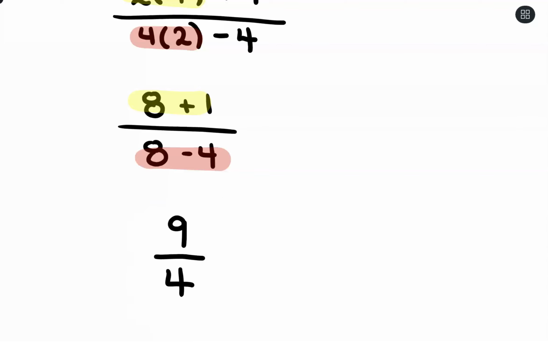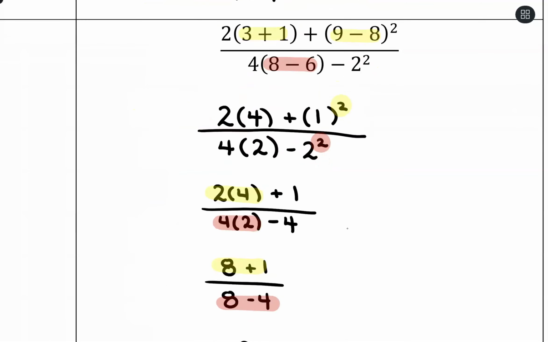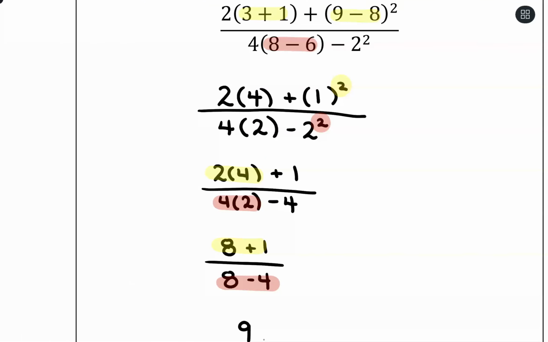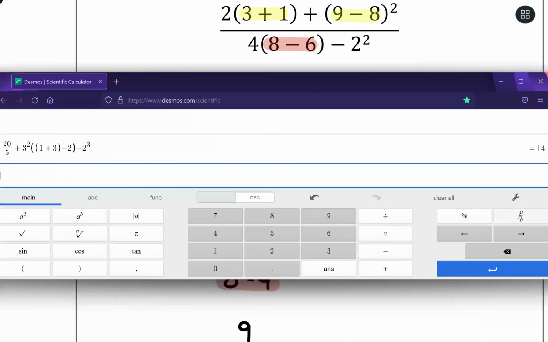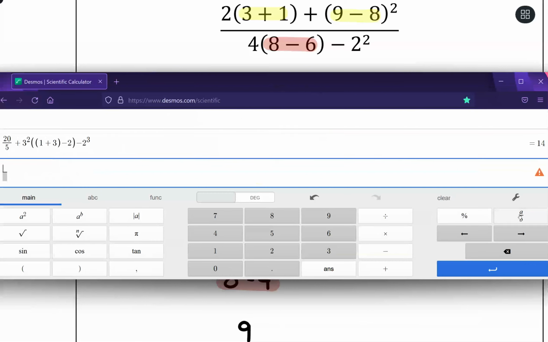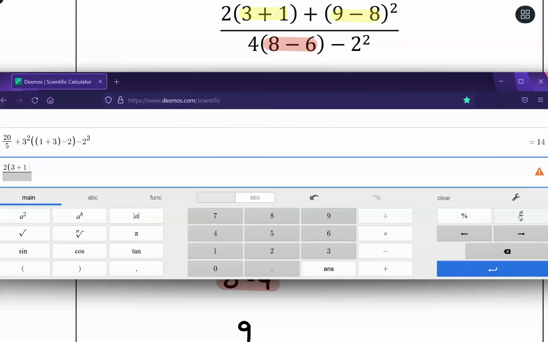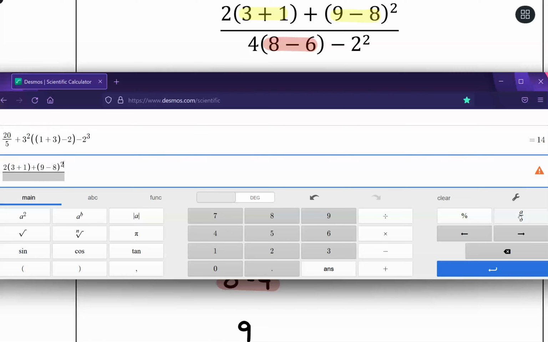So let's take a look at this in the Desmos calculator, because the Desmos calculator has some nice organization to it. So what we could do is use this a over b function here, so that'll separate our numerator and denominator. And then I'll just go ahead and type in the numerator. So 2 times 3 plus 1 plus 9 minus 8 all squared.